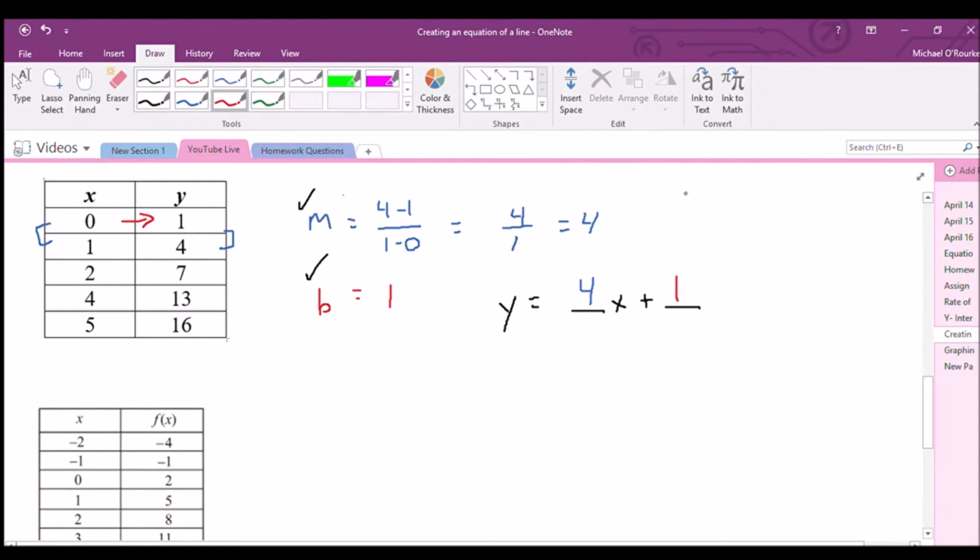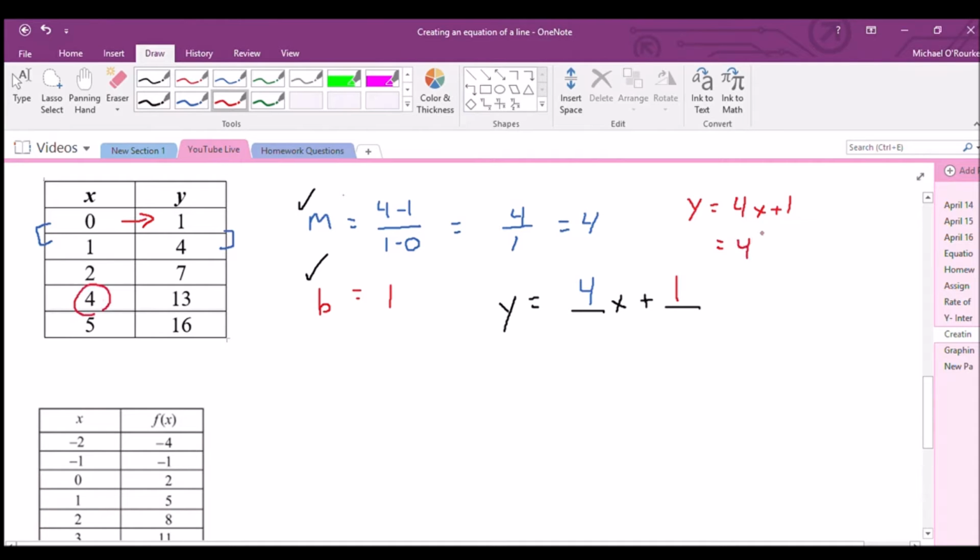If we wanted to test it, I'll just do it in red. 4x plus 1. Let's put in 13. Oh, sorry. Wrong one. We're going to put in 4.